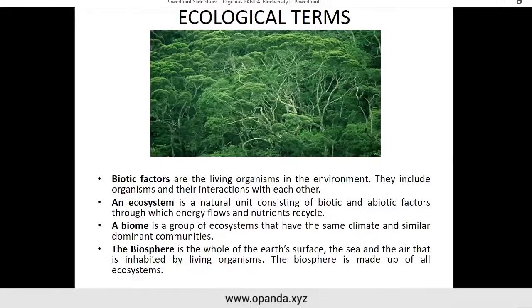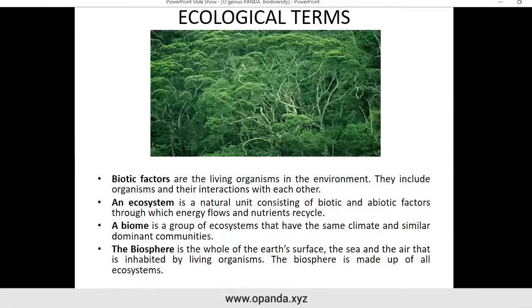A good rainfall, temperate zone. And when I shift to maybe Congo, same as here in Rwanda, this can be an example of a biome, a group of ecosystems that have the same climate and similar dominant community.